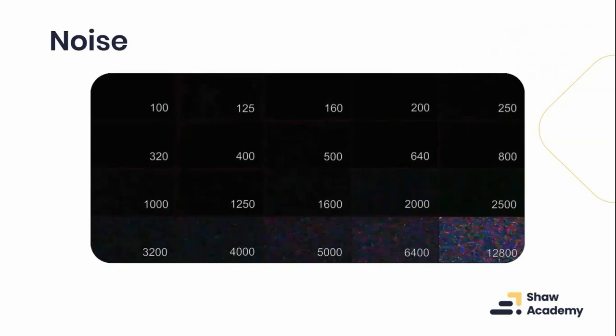So here we've got lots of different ISO settings. To test this out, all you need to do is attach your camera's lens cap to your lens, switch the camera to manual focus, and simply take a photograph at different ISO values, because you're photographing the back of the lens cap, which is just going to be dark.